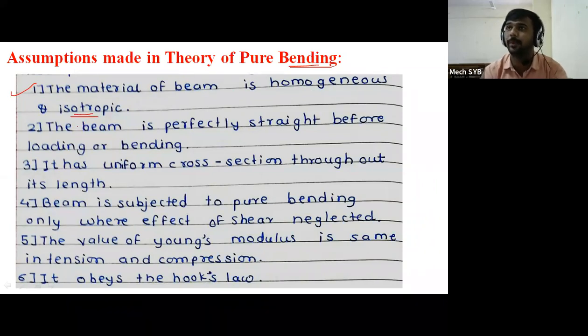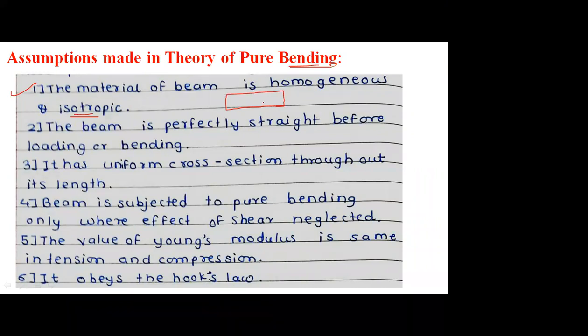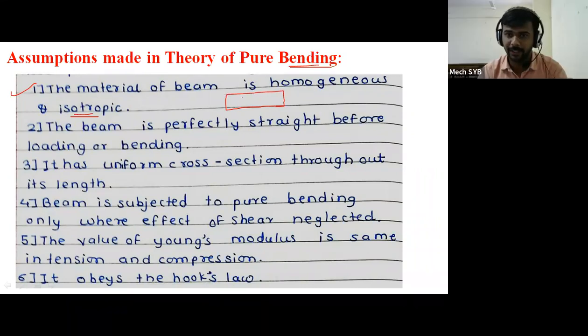So what is meant by isotropic? This is your beam structure. Correct. So if this is a beam in front of you, and I consider this one point, and at this particular point the beam has the same material property in all three directions, this is the x direction, this is y, and this is z direction.